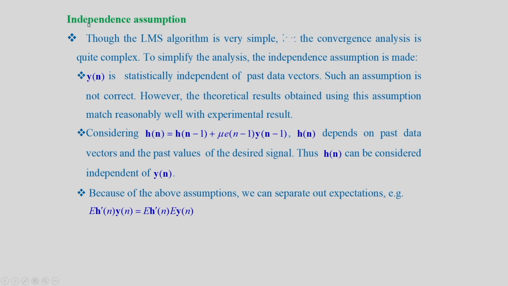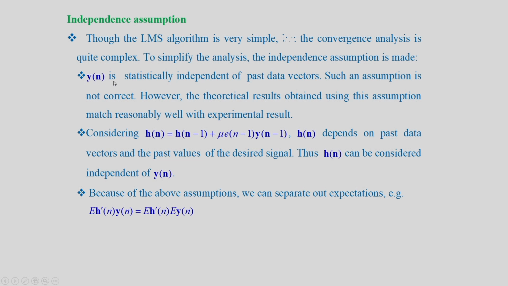We have to make one important assumption, that is the independence assumption. Though the LMS algorithm is very simple, the convergence analysis is quite complex. To simplify the analysis, the independence assumption is made.